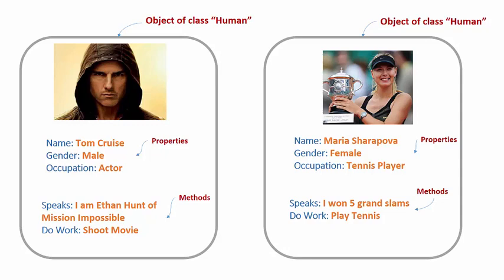But when you talk about a specific instance, the behavior varies, while the properties are common. For example, Tom Cruise has a name, Maria Sharapova has a name. But when you look at the actual value, which is the real name, they are different. Tom Cruise's name is Tom Cruise, and in the second case, it is Maria Sharapova. So these names are different, but the properties are common.